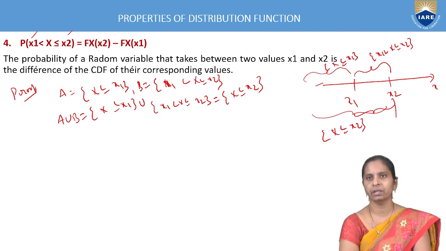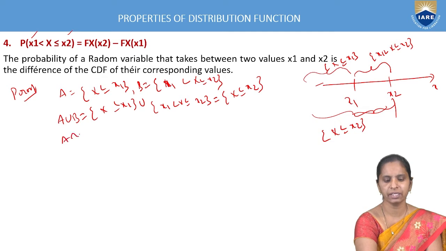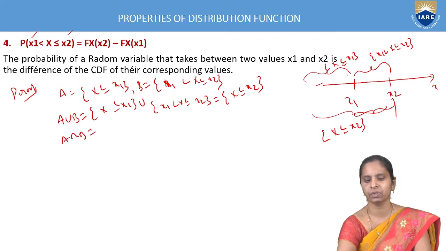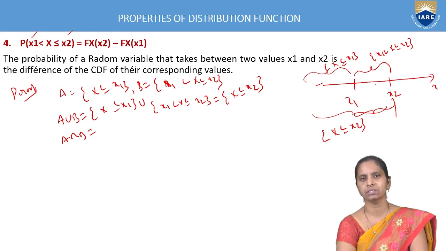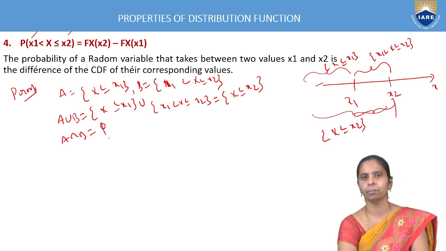Therefore, A union B is equal to X less than or equal to X2. Now let us calculate A intersection B. A is up to X1 and B is from X1 to X2. Do these two events have any common elements? No. Therefore, A intersection B is equal to phi.